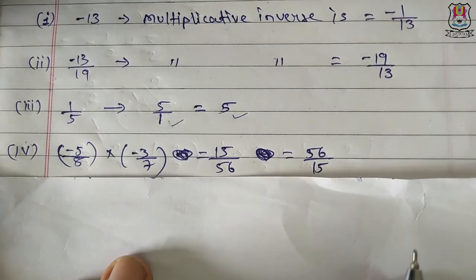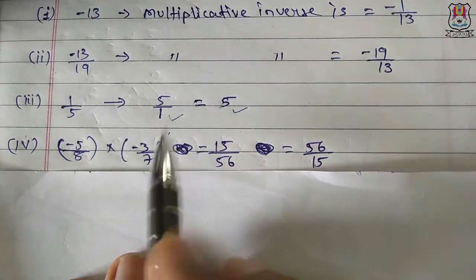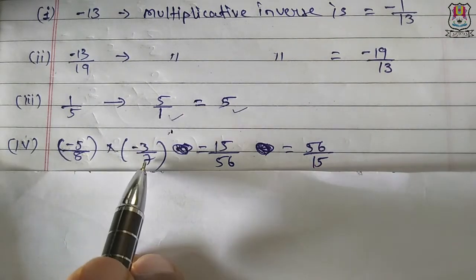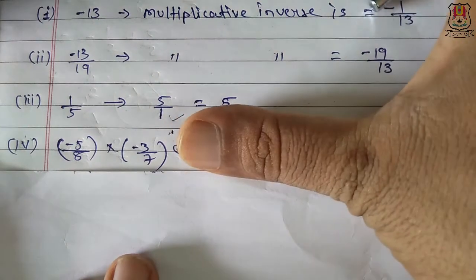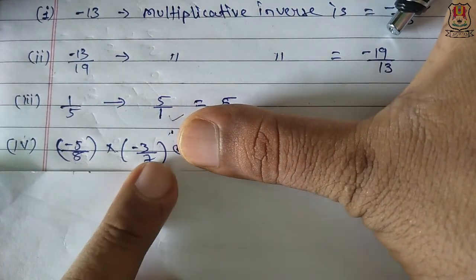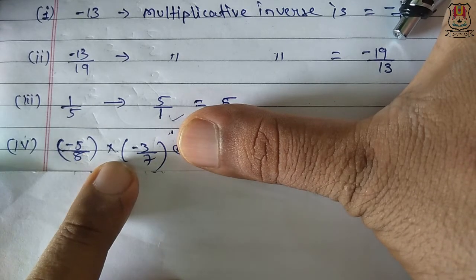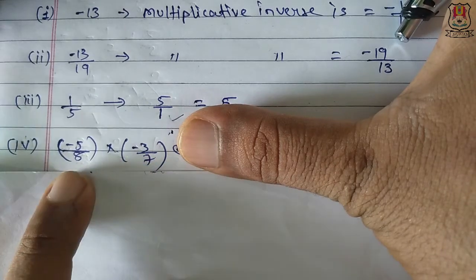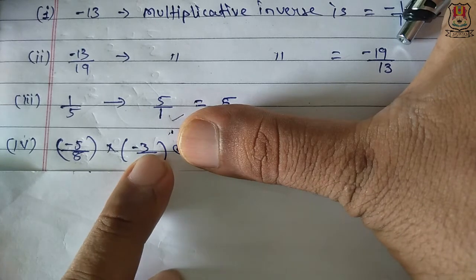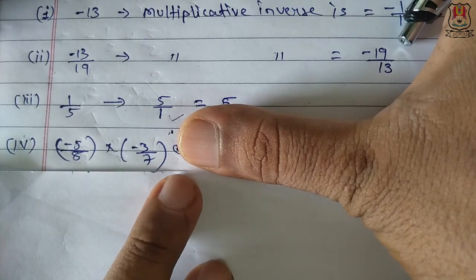Now what will be the multiplicative inverse of this given sum? Minus 5 upon 8 multiplied by minus 3 upon 7. So don't look over here. First, the sum is just this much. There is a multiplication, so we will multiply numerator with numerator and denominator with denominator. 5 3s are 15, and both are negative, minus 5, minus 3.